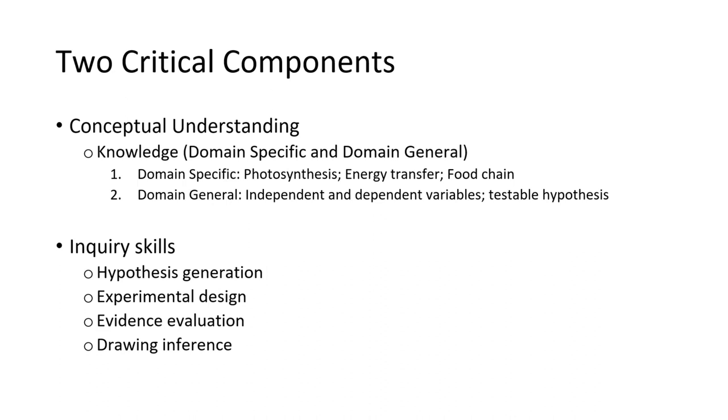There are 2 critical components involved in scientific reasoning. One is conceptual understanding, and the other is inquiry skill. You can treat conceptual understanding as knowledge that you need to use for scientific reasoning.